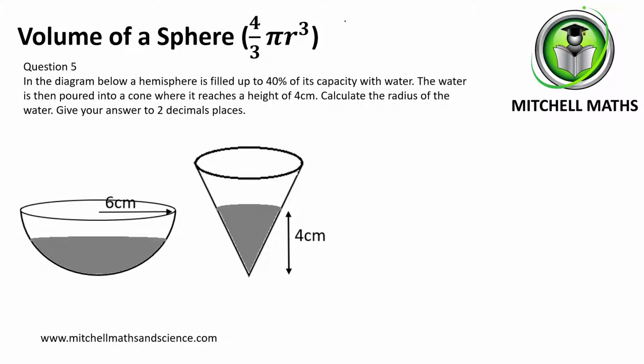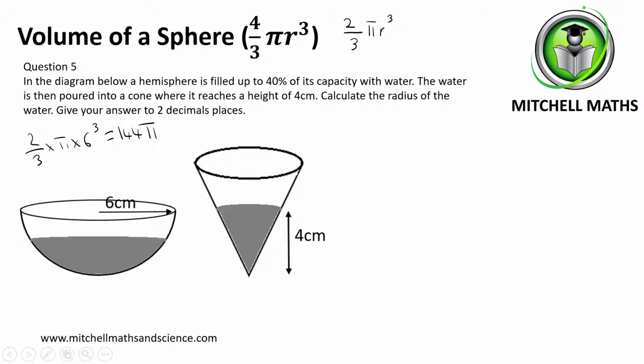If it's half the size, it's going to be half that, which is going to be 2 over 3 pi r cubed. Well, the volume will be 2 over 3 times by pi times by 6 cubed. And if you put that into your calculator, you'll get 144 pi. We'll leave it as an exact value for now.